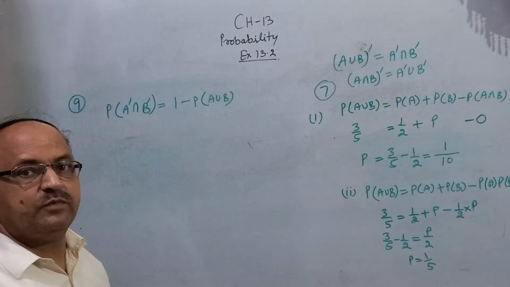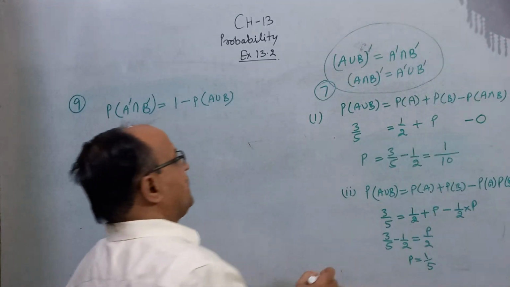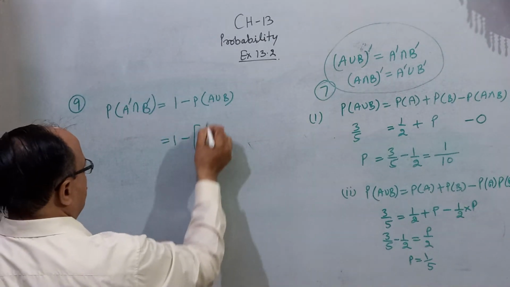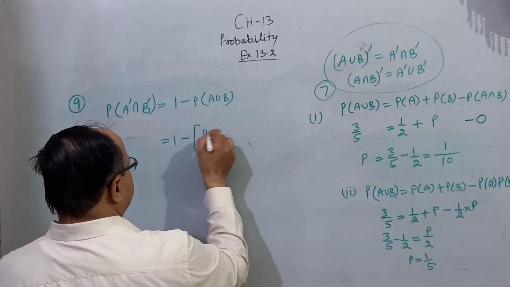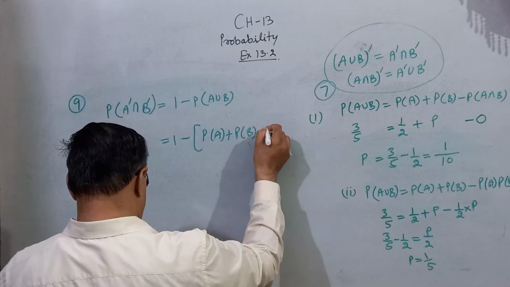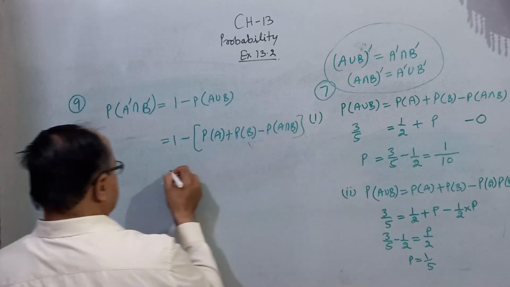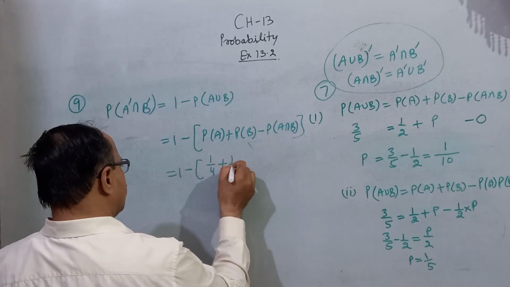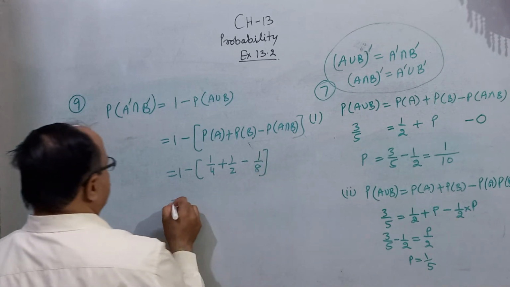This is called De Morgan's law in set theory. According to that, you can write this formula. And the probability of A union B, you know, is probability of A plus probability of B minus probability of A intersection B. Just put the values: 1 by 4 plus 1 by 2 minus 1 by 8. Further you can solve.